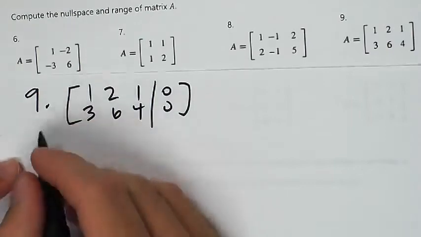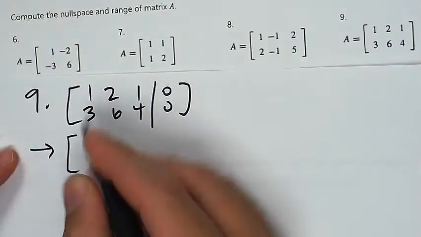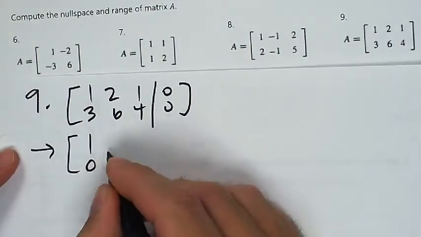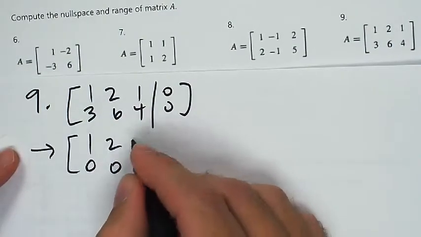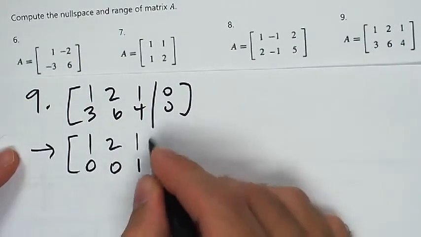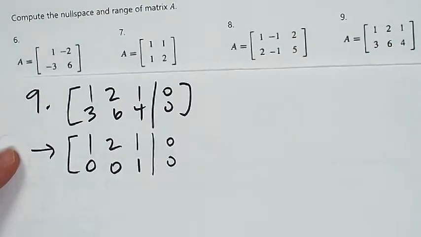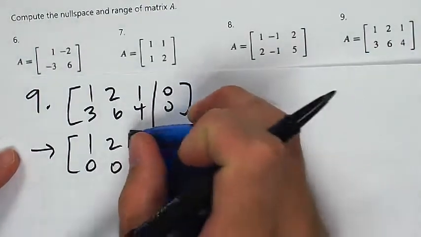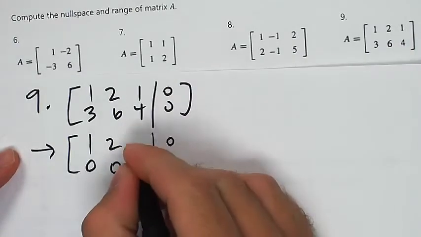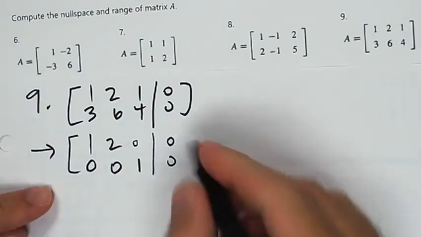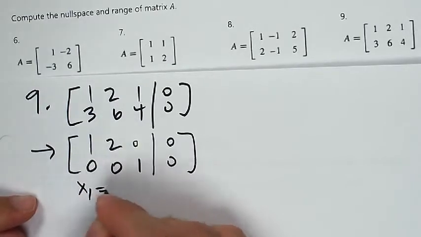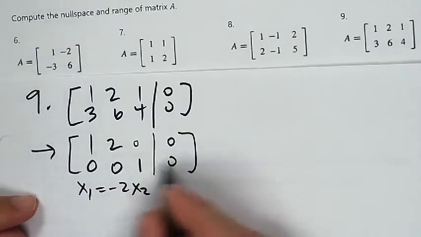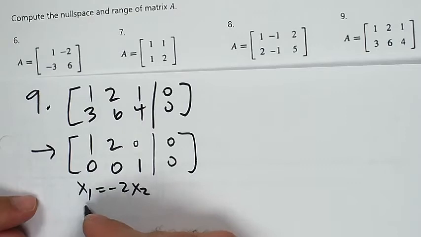All right, I'm going to start to move a little faster here. Number 9, I'm going to row reduce, and I'll have 1, 0, 2, 0, because I'm subtracting 3, and I'll have a 1. But then I'm going to subtract here. I don't know how that's going to go. I'll put a 0 there. Okay, so that means x1 equals negative 2x2, and x3 equals 0.